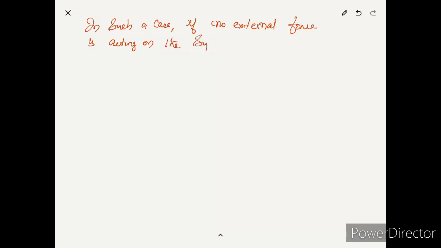In such a case, if no external force is acting on the system, then P1 plus P2 is equal to a constant.